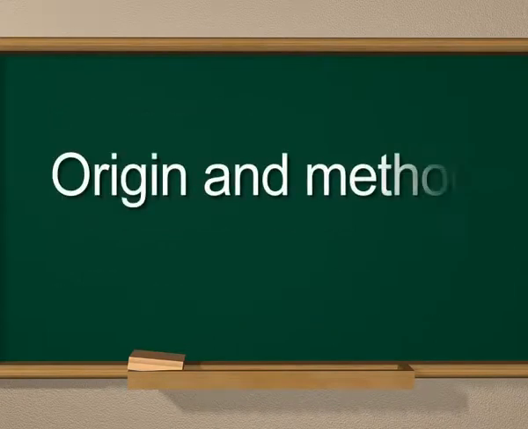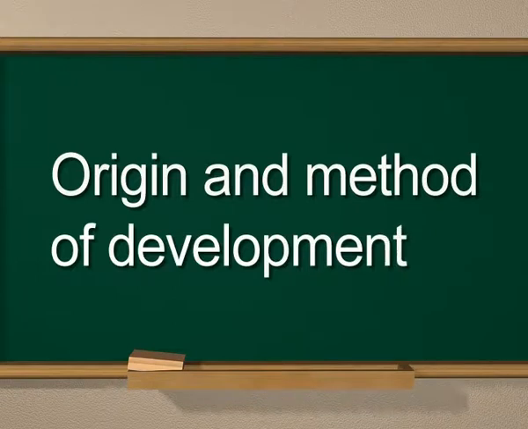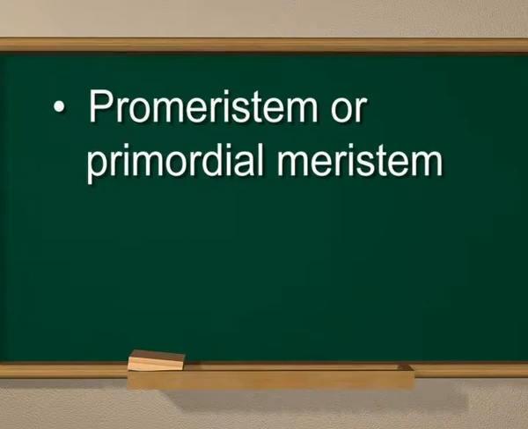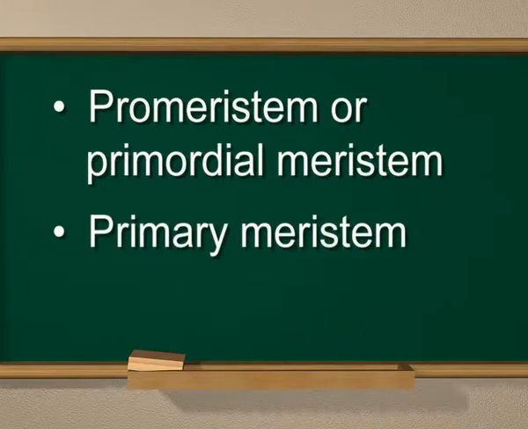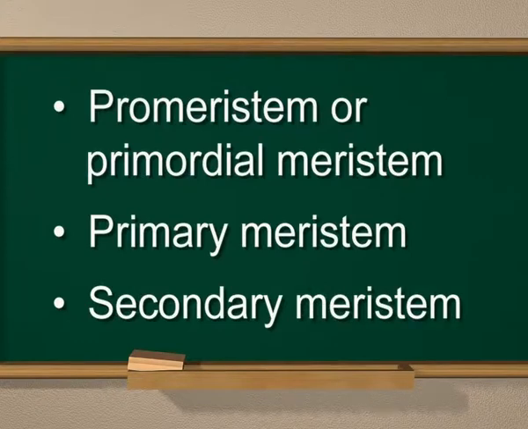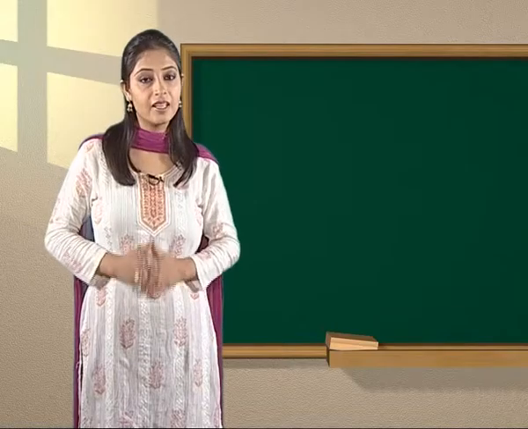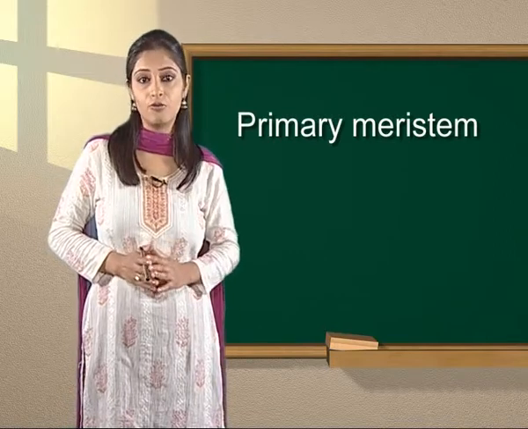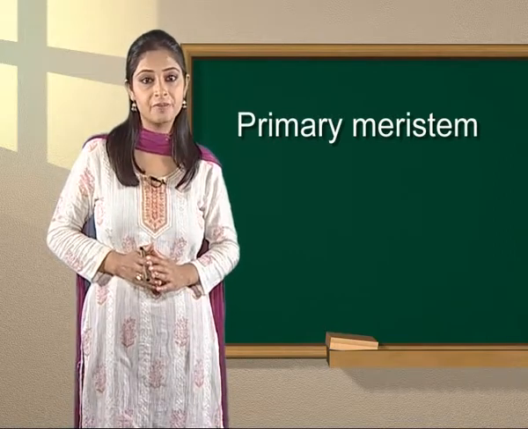Based on origin and method of development, meristematic tissues can be classified into three types. These are promeristem or primordial meristem, primary meristem, and secondary meristem. The primary meristem is responsible for the lengthening of root and shoot.